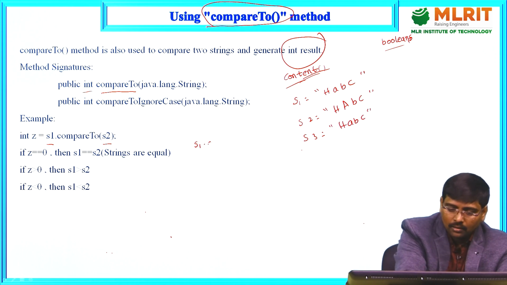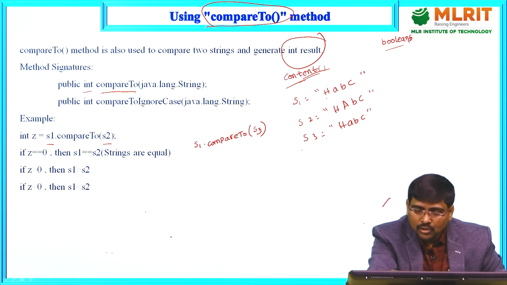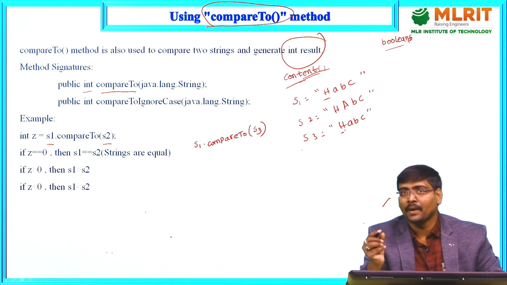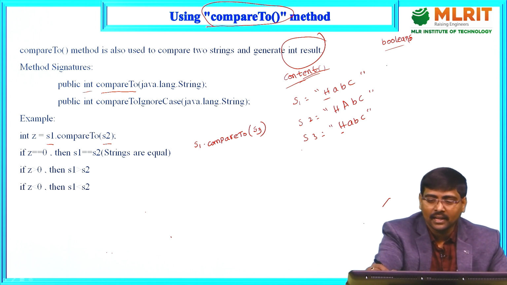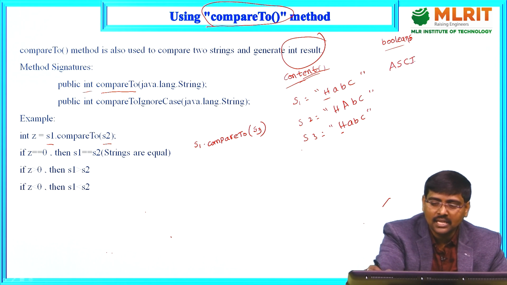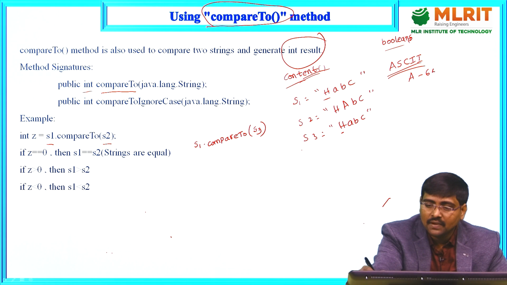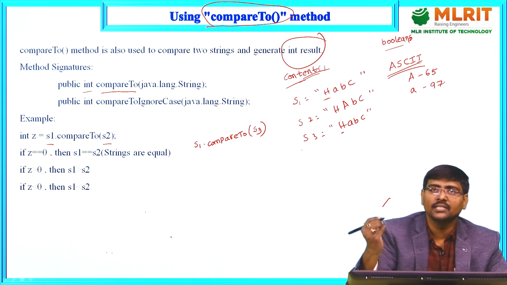S1.compareTo(S3). How is the comparison happening? First the letter one, H, both are compared. How are the characters compared? Every character has some ASCII value. Capital A has ASCII value 65, small a has ASCII value 97.